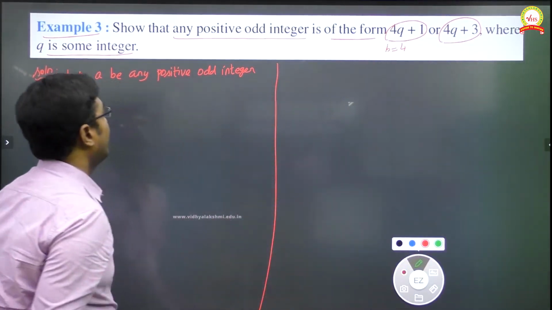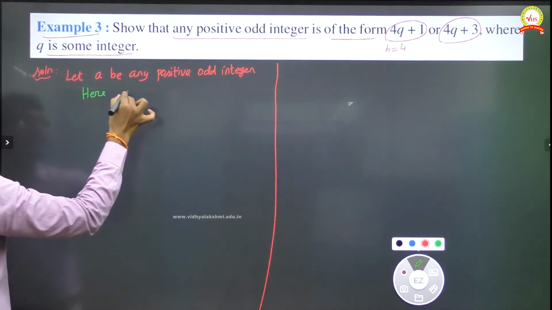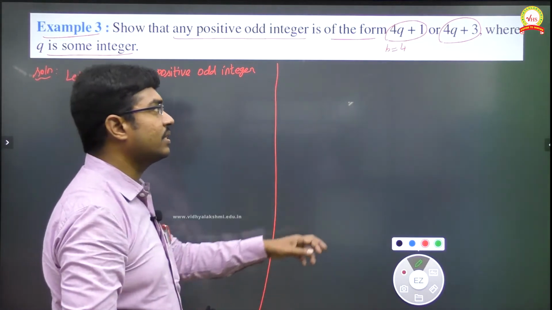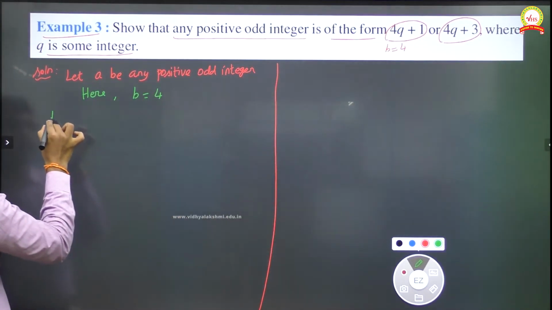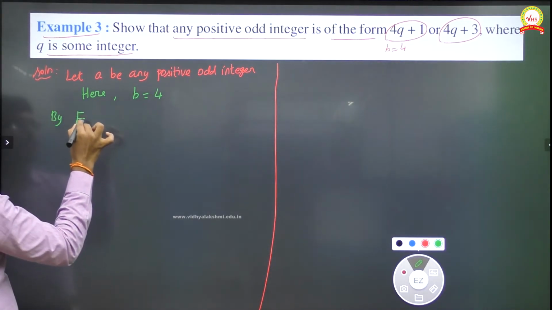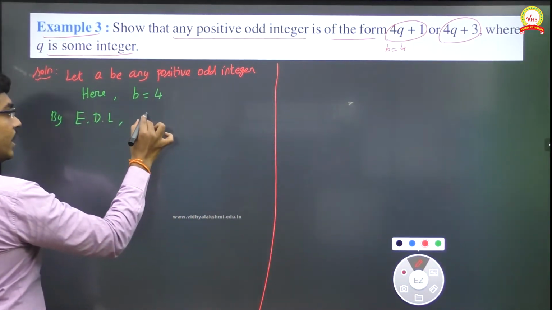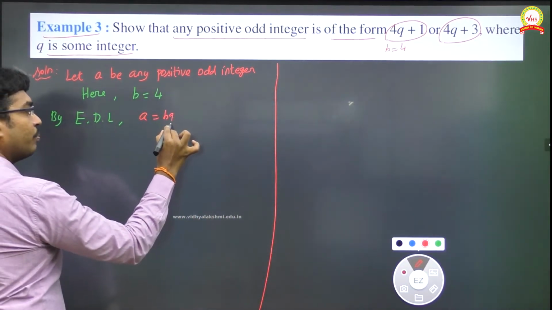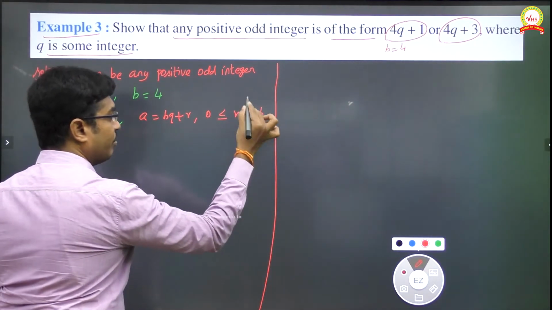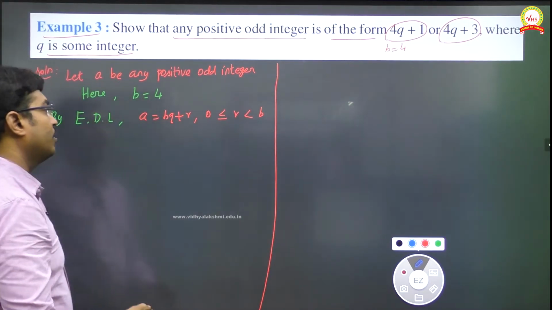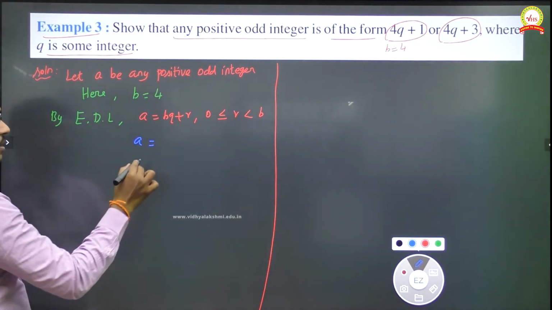Okay, next one. So, here what is the divisor? Given is 4. So, divisor 4, by using Euclid division lemma. What is the formula? A equal to BQ plus R, 0 less than or equal to R less than B. Substitute the value. So, A equal to, what is the B value? 4. Substitute, my dear students.